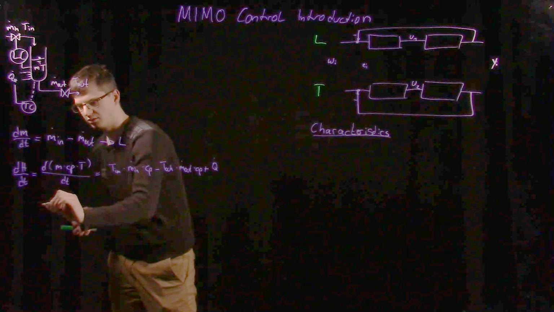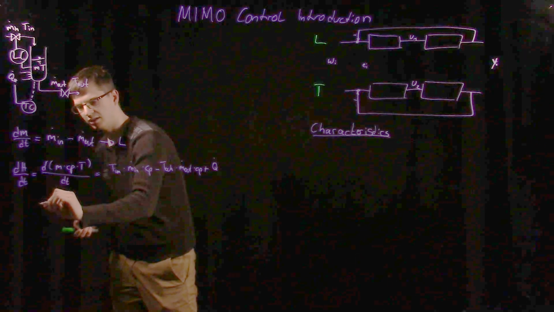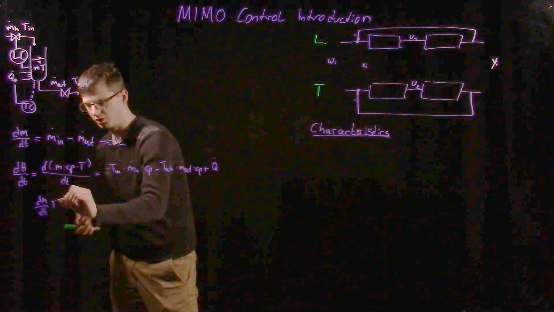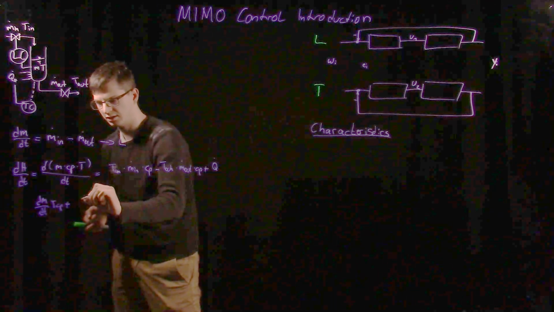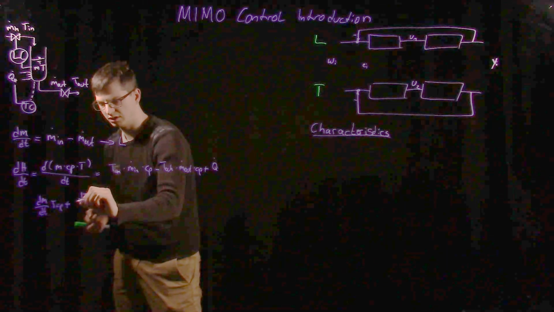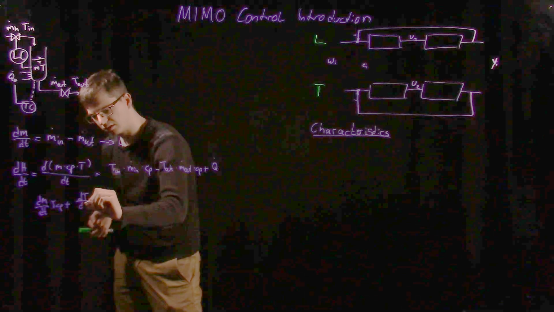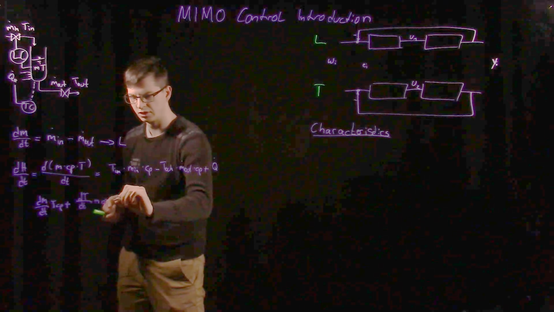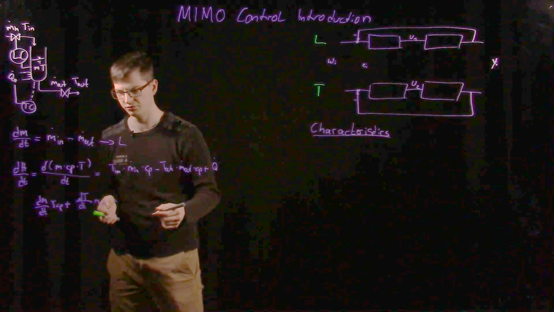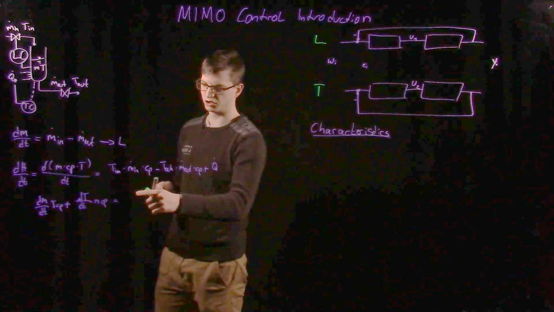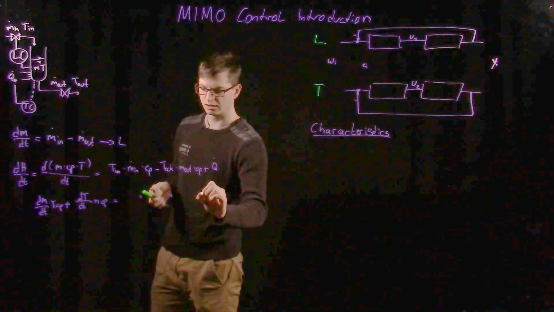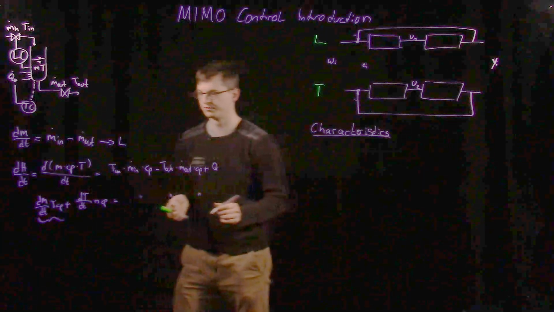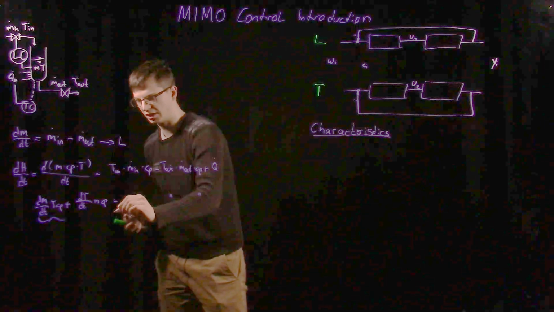Cp is constant, and then we can write dm divided by dt times temperature times Cp plus dT divided by dt times mass times Cp, and this equals everything above. And now we put this on the right side and then divide by m times Cp.